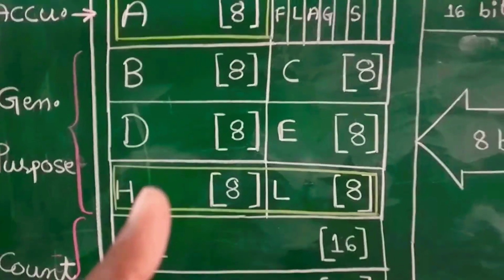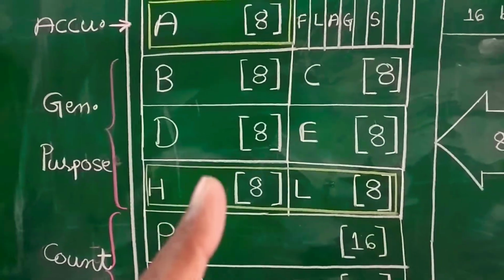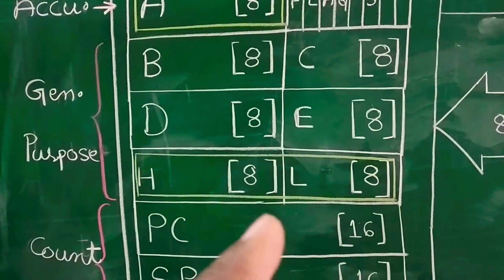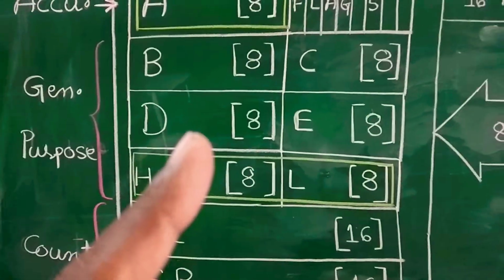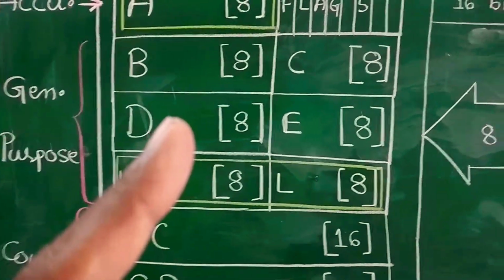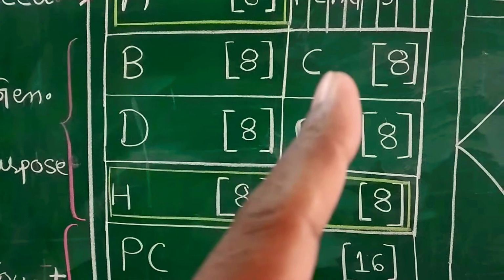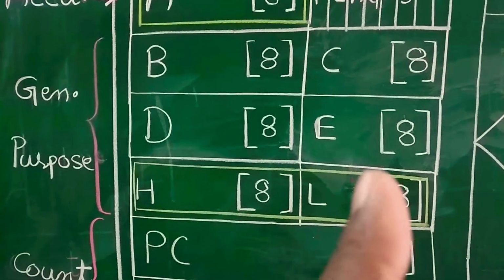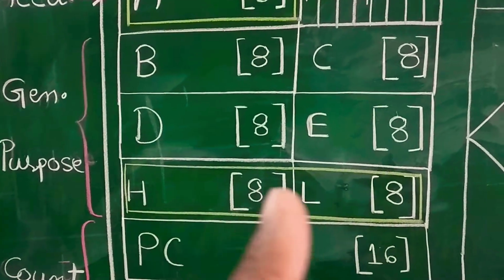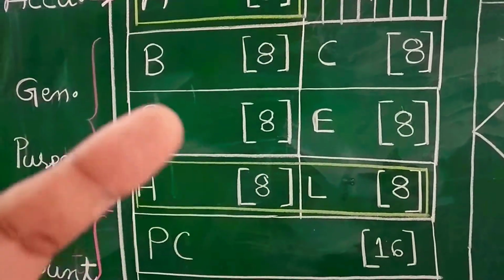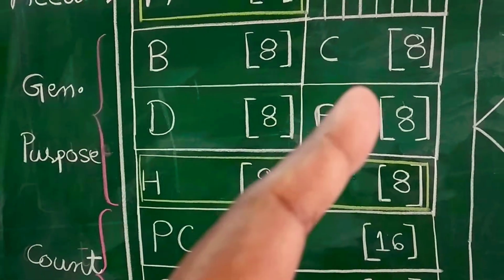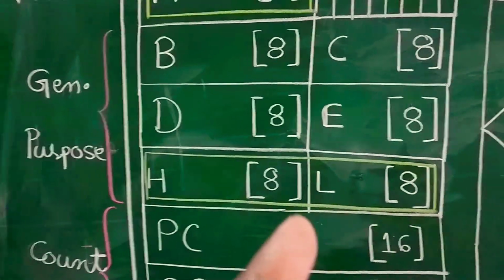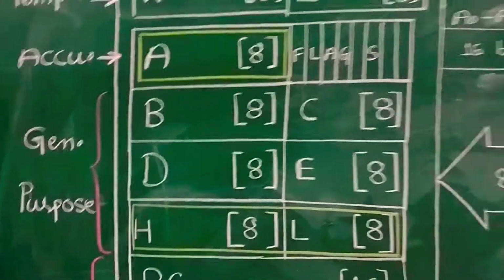Sometimes the 8085 also facilitates 16-bit operations. For operating on 16-bit data, the register pairs BC pair, DE pair and HL pair can be used. These are the general purpose registers.